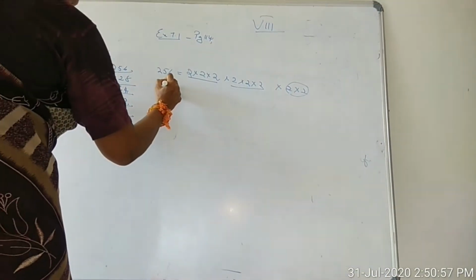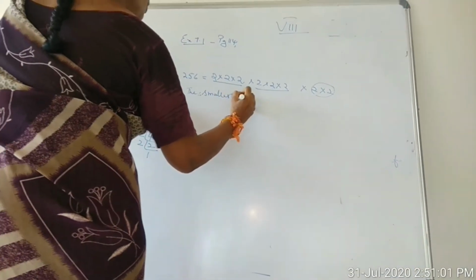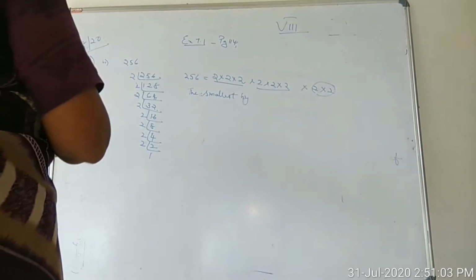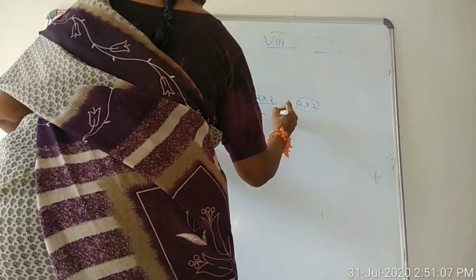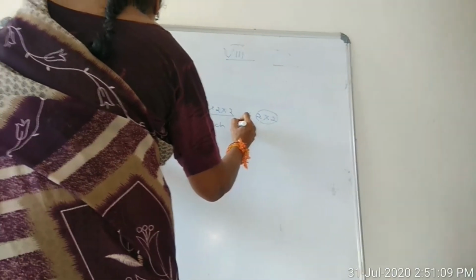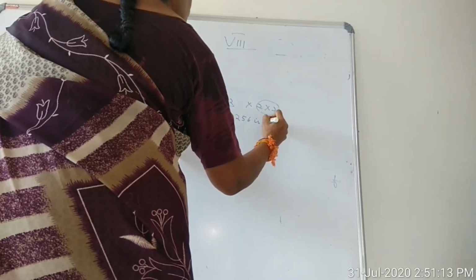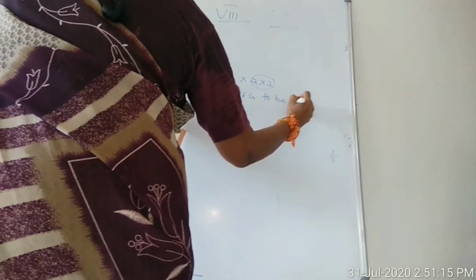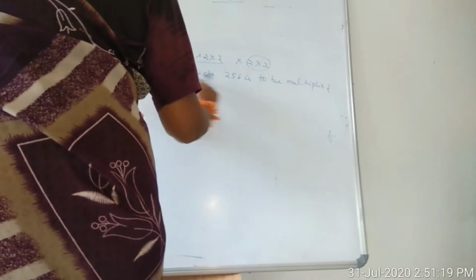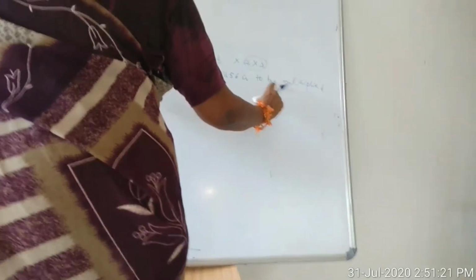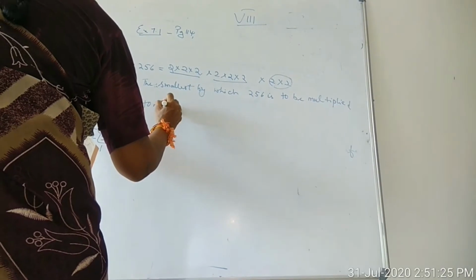The smallest number by which 256 is to be multiplied to make a perfect cube.